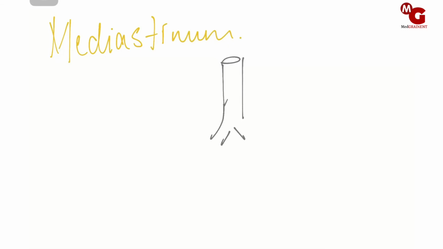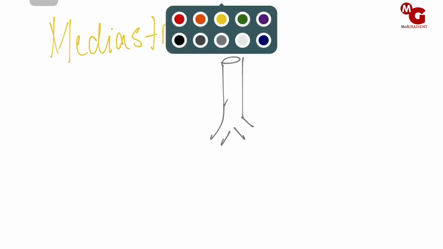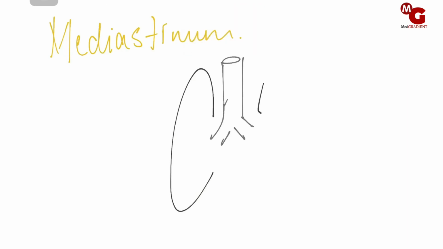This was what we talked about, and then we got to know that we have something called the mediastinum, right? Let's say we've got our trachea bifurcating as bronchi, and then we've got our lungs over here, right?